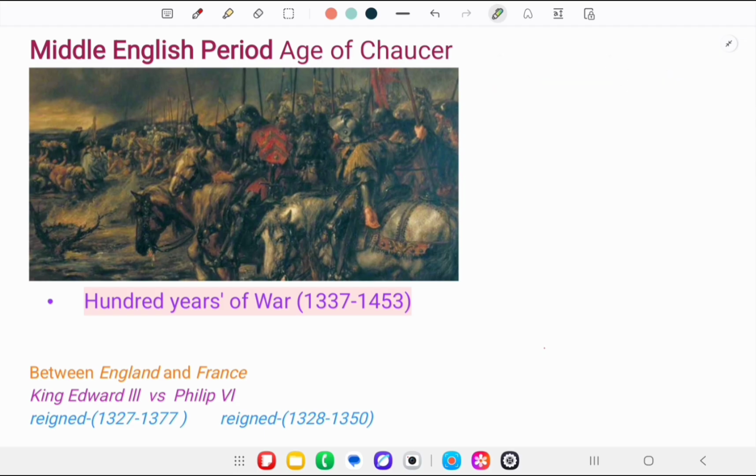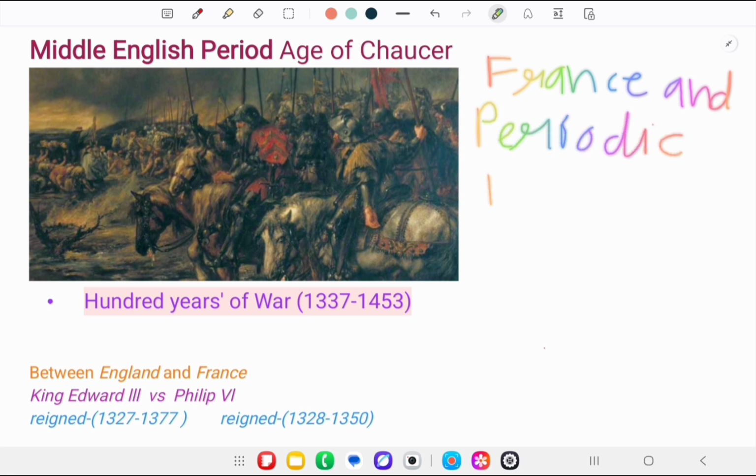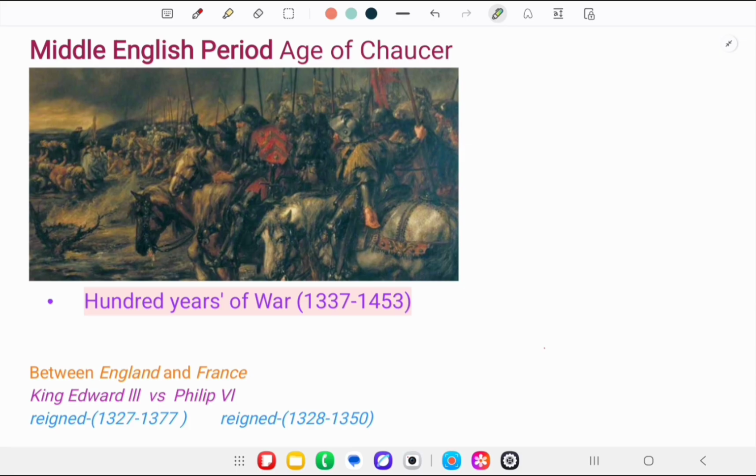Through these events, a sense of English nationalism was awoken, leading to the Hundred Years' War with France and periodic incursions by the Scots and Welsh.